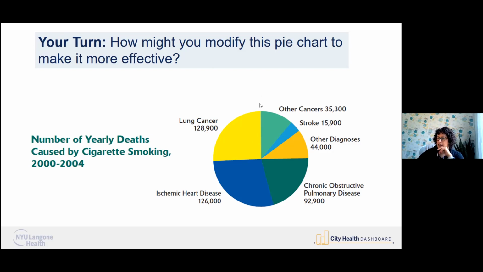And we know that going in clockwise order with the biggest chunk on the top is best. Great, some great suggestions here. Total over years or average. Yep. Putting the takeaway message in the title. Yeah, more variation in color. Great. Great, you guys are pros.